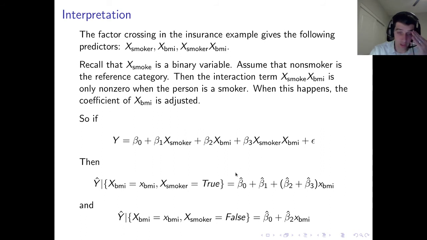Whereas if this person is not a smoker, then we just have the intercept plus the term for the BMI predictor, because smoker is 0, and so both of these terms cancel. What's useful about including the interaction term is that the binary variable has an adjustment on the intercept, and also on the slope of the BMI term. This beta 3 is basically an adjustment on the slope of the BMI term with the knowledge that the individual is a smoker.